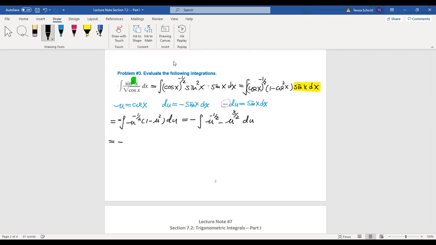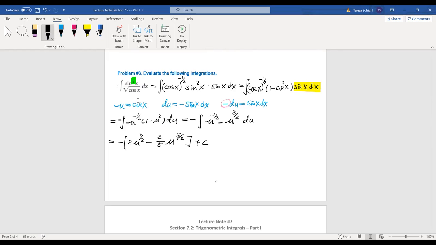Now integrating by the power rule: negative 1/2 plus 1 is 1/2, so this is 2 u to the 1/2. Then minus 3/2 plus 1 is 5/2, you flip, so it will be 2/5 u to the 5/2. Use the power rule, everybody should be very familiar with that.